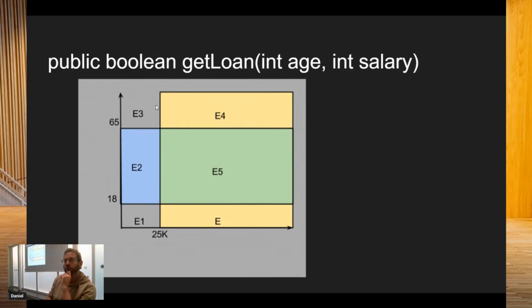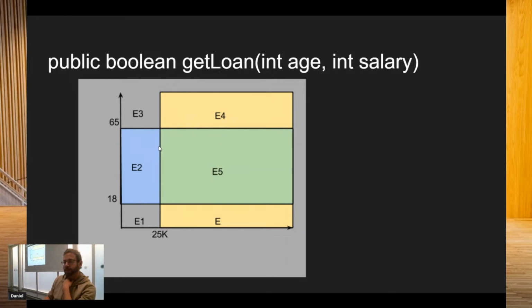And then too old to get a loan is up here. So the only one, E5, is the one that gets loans, but the other categories are not going to get loans. E2, for instance, is earning too little, but is of the correct age. Right? So using this kind of partitioning, we can select the test case in each partition, really. Make sense?